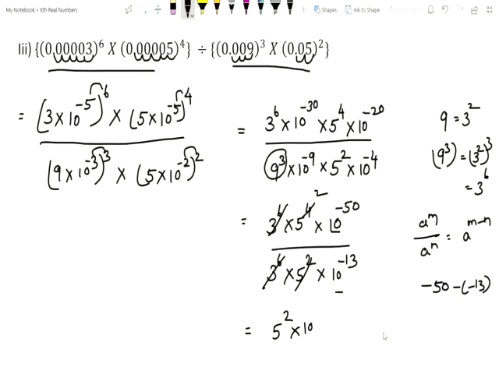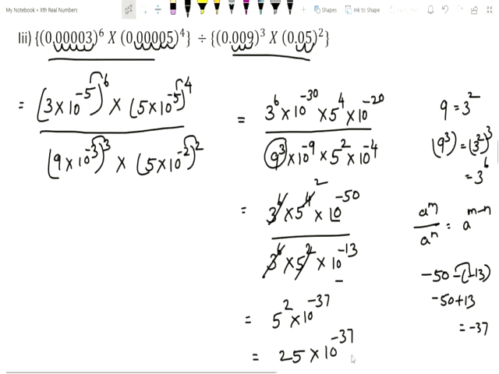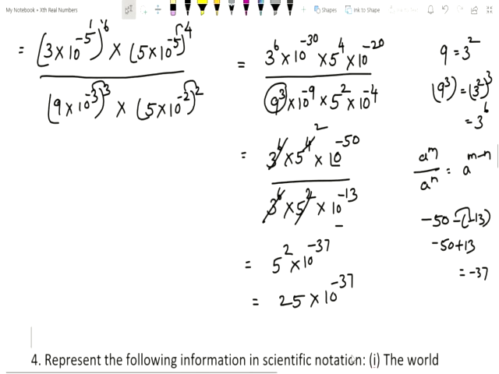So power you want to subtract. So minus 50 minus into minus plus 13. So what you will get? Minus 37. So 5 square, what is the answer? 25 into 10 power minus 37. Now you convert this. 25, how we are going to write?